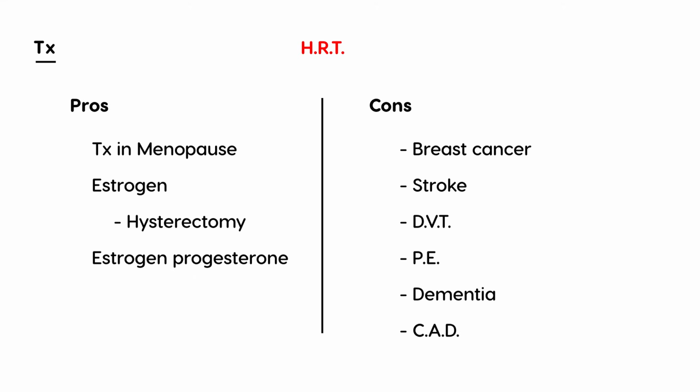So yeah, it's a pretty big list here. So hormone replacement therapy, the risks and benefits have to be weighed, and you have to decide whether you want to give it or not. Fortunately, there's other treatment options to manage the symptoms that we talked about earlier. So that's a brief presentation about menopause.